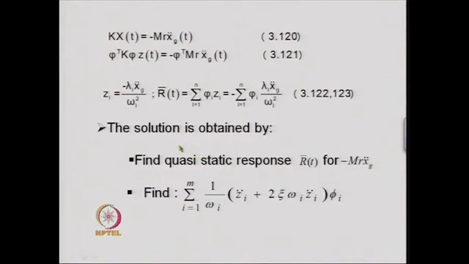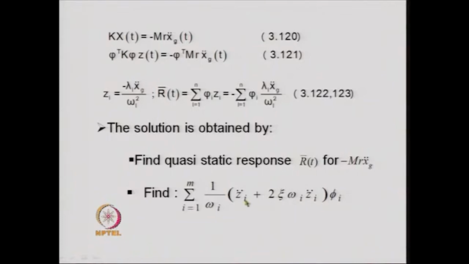So, the solution is obtained like this. First, we find the quasi-static response of the system, that is, we solve the problem statically for a load of minus m I x double dot g. This will not be r, this will be I, because we are talking of a single point excitation system.